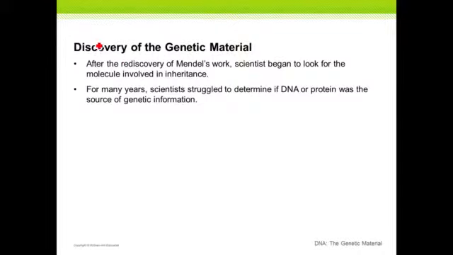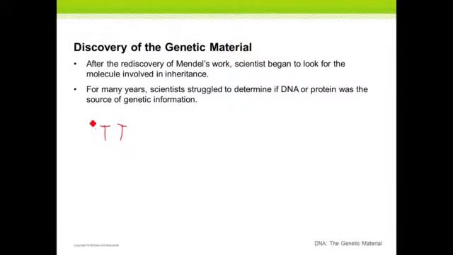Okay, so first off, guys, discovery of genetic material. So, you saw the work on Mendel. You saw how Mendel learned how traits were passed on. He learned about alleles and genes and all these things, but that's just the how. That doesn't actually explain what's actually going on. So when I'm saying that an allele is being transferred from mom to dad, so if I have, say, for example, a big T and a big T, what are these big T's?